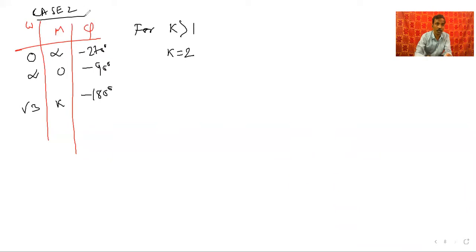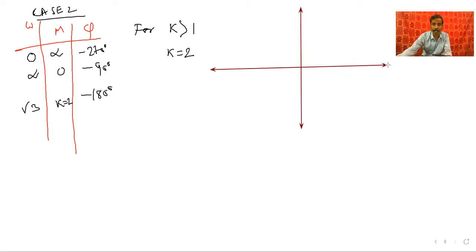Case 2, for K equals 2. Then draw the polar plot and Nyquist plot and determine the stability of the system. This is the imaginary axis. This is the real axis.